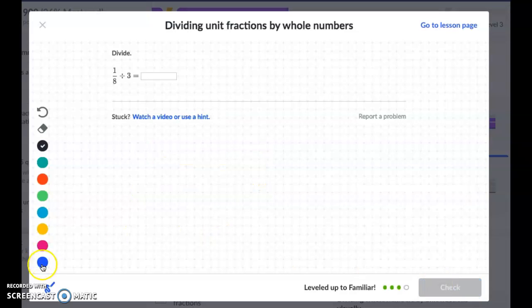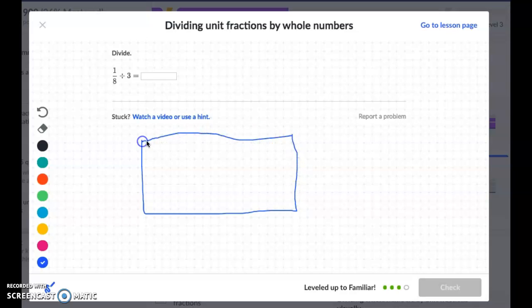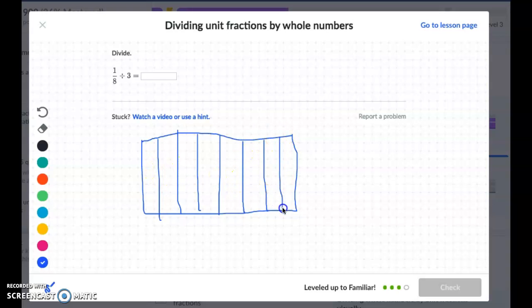And lastly, 1/8 divided by 3. Again, I use rectangles, not circles, just because rectangles are easier to make the pieces of, especially if you're not drawing on a computer. 1, 2, 3, 4, 5, 6, 7, 8.